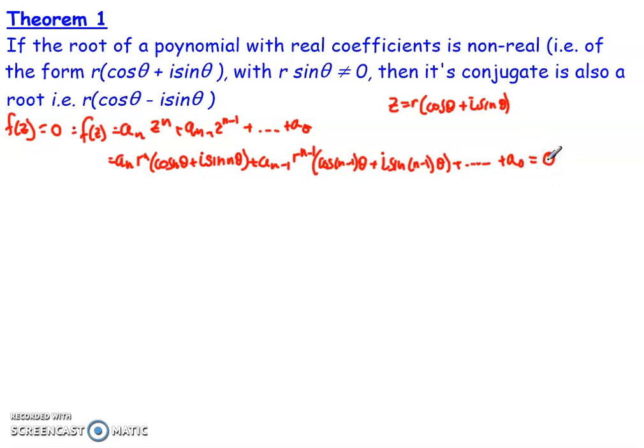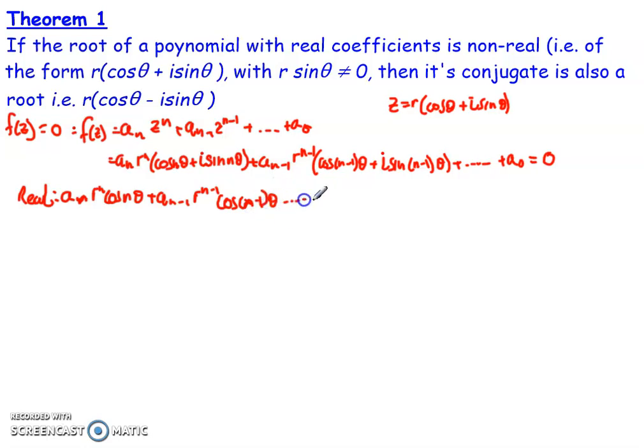So let's imagine I then take that, I multiply out the brackets, and I split it into the real parts and the imaginary parts. So if I split it into the real parts, what I'll end up getting is a_n r^n cos n theta plus a_(n-1) r^(n-1) cos of (n minus 1) theta.